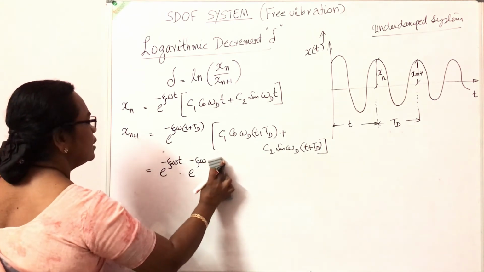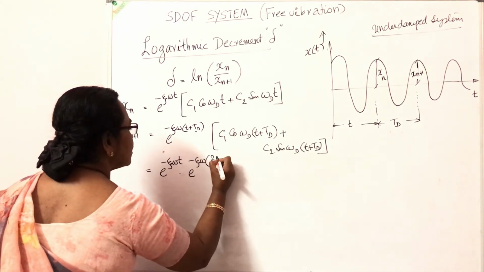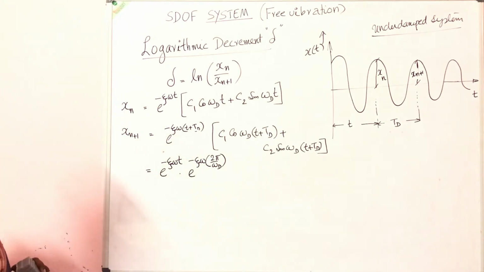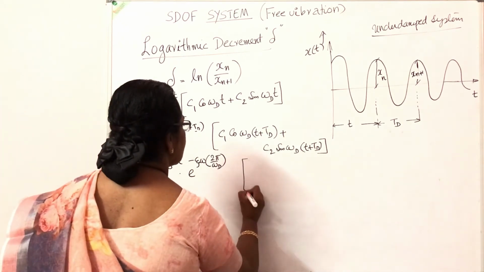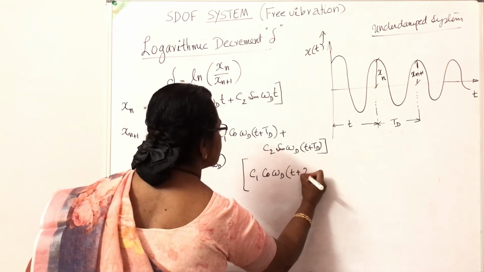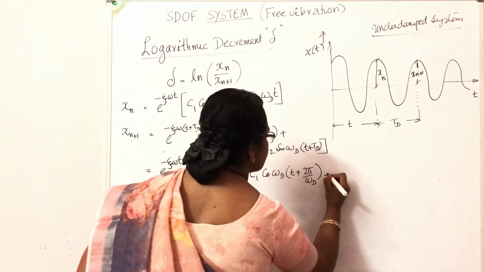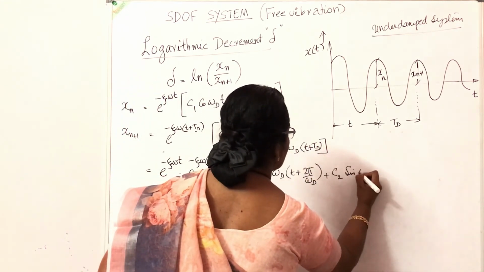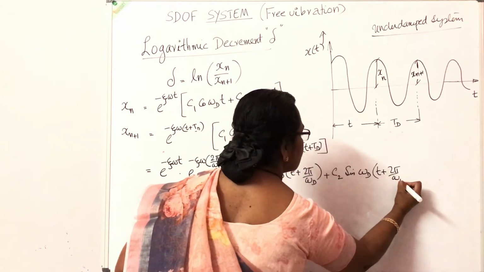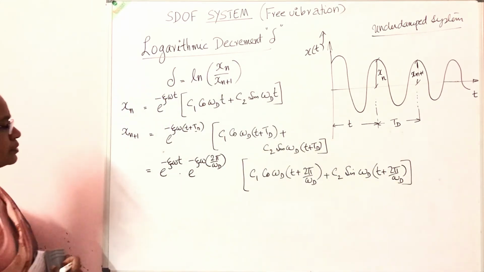What is this t d? The time period can be written in terms of the damped natural frequency: t d is equal to 2 pi by omega d. So it becomes c1 cos omega d (t plus 2 pi by omega d) plus c2 sin omega d (t plus 2 pi by omega d).